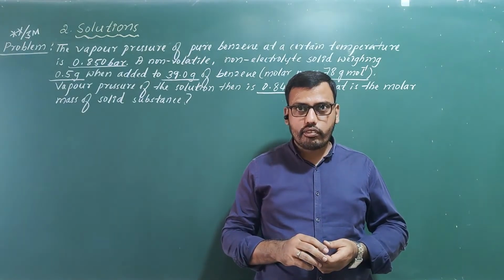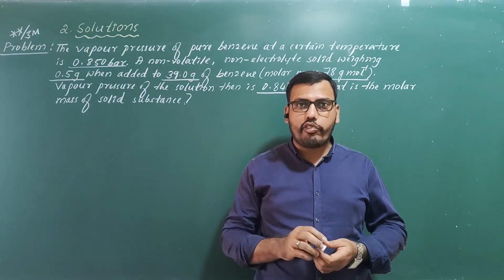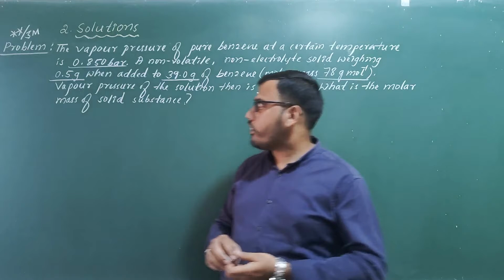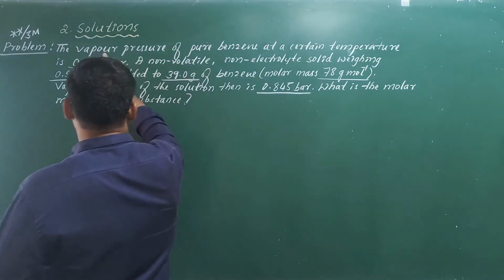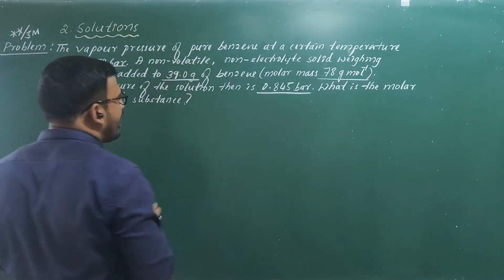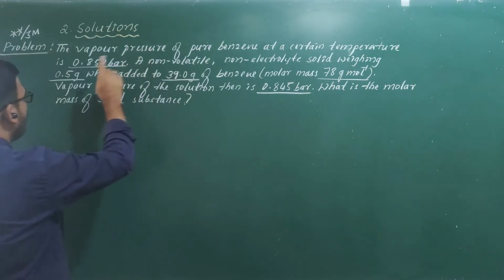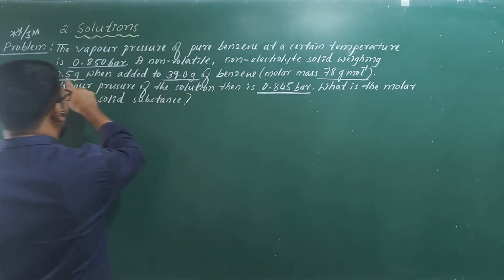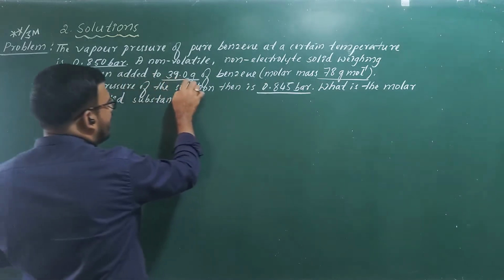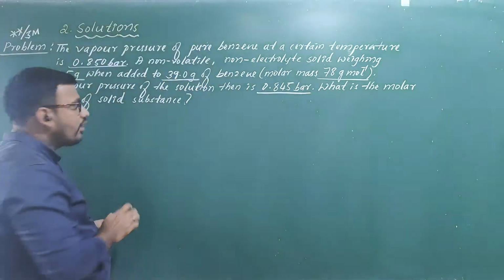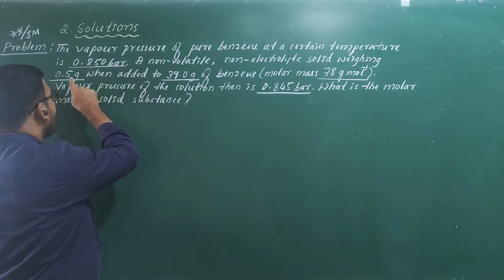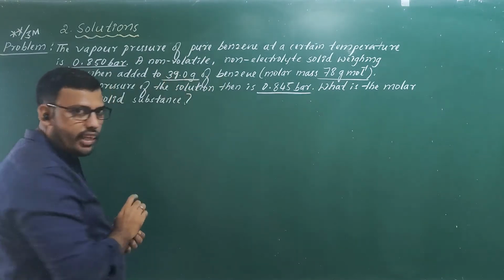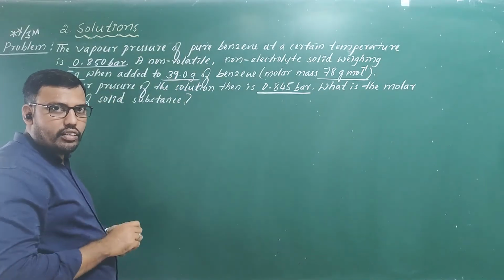So by looking at the masses of the components you can decide which one is a solute and which one is a solvent. You see here, a solid weighing 0.5 gram and 39 gram of benzene. The mass of the solid is less, that's why the solid is a solute and benzene is a solvent here. So like that you can identify.